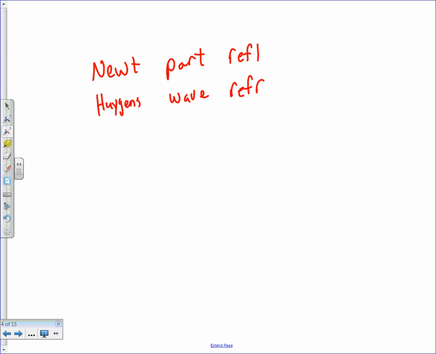Let me write these things down. So Newton, particle because of reflection. Huygens said that light was a wave because of refraction. Young said it was a wave because of interference, so a different reason.